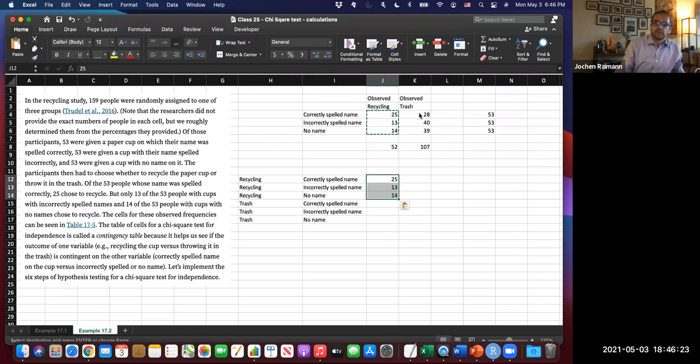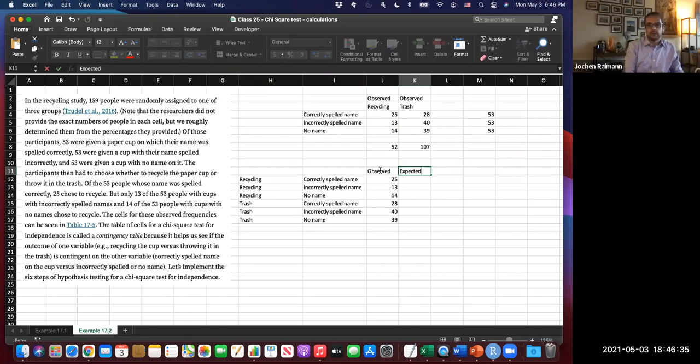Okay, so we're bringing now our long format, and I may have spoken about it already with the ANOVA because we have the kind of same situation here. So these are all observed, right? We've observed this, now we want the expected. And the expected we're basically calculating now is 25 plus 13 plus 14 divided by the number of groups, right?